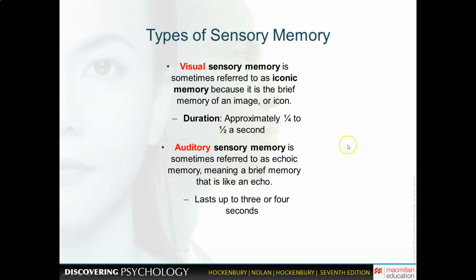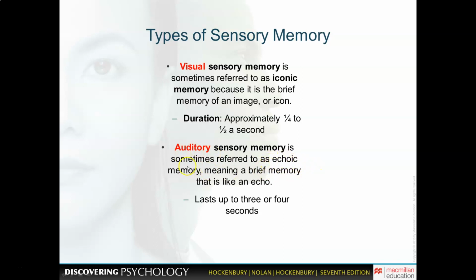Okay, so because we are bombarded with so much visual information constantly coming in throughout the day, we have to move on, basically. Okay, auditory information, which is sound, is also known as echoic memory, or echo, basically.